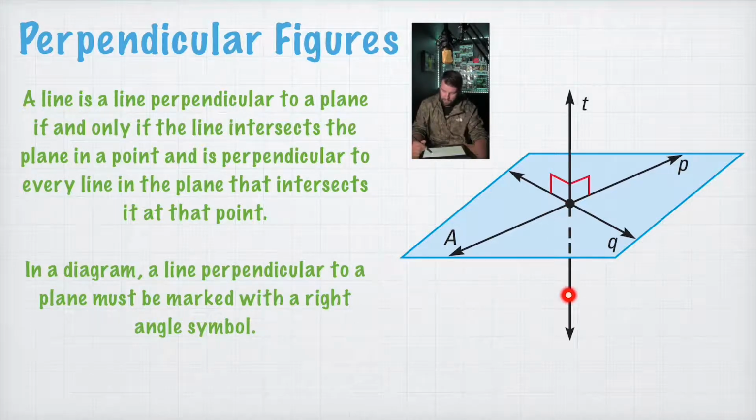If you look at line T here, for it to be perpendicular to plane A, it has to be perpendicular to P and Q. And it is marked perpendicular to P and Q. If one of these was not drawn, we could not assume that T is perpendicular to plane A. We just wouldn't know. It has to be perpendicular to every line it intersects at a point.